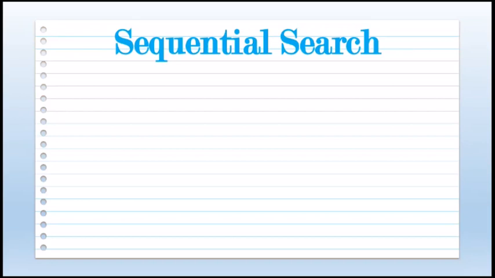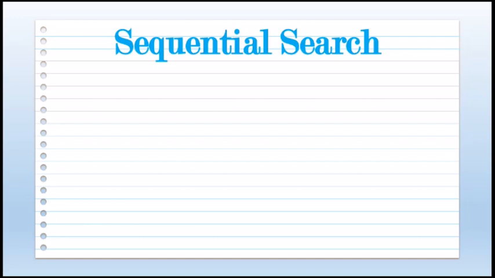So there are two possibilities. First, if the searching element is present in the list, then our search is successful. And if our searching element is not present in the list, then our search is unsuccessful.